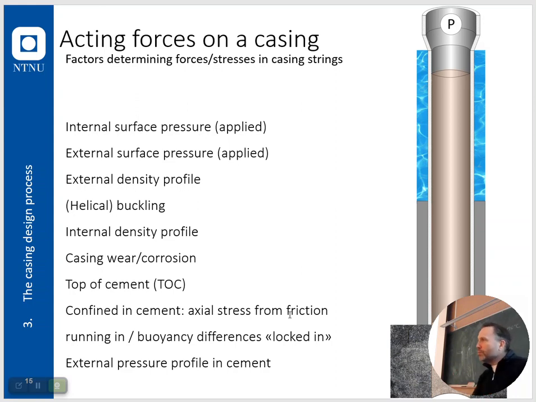The makeup torque that you put in your threads would be the limit of how much torque you can put in. And casing very often is so high torque that you will immediately reach the makeup torque, and it basically hasn't started rotating. Whereas with a liner, it's a different story.